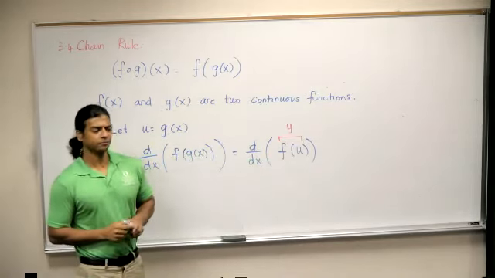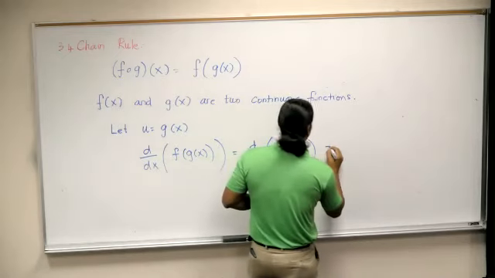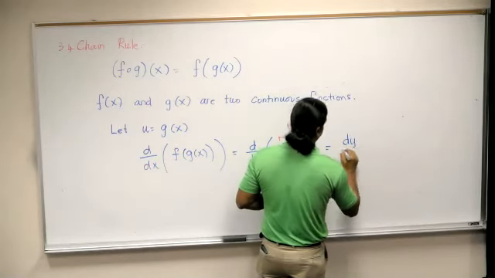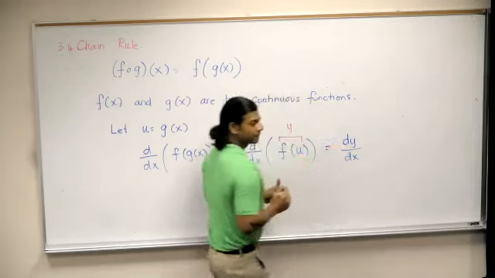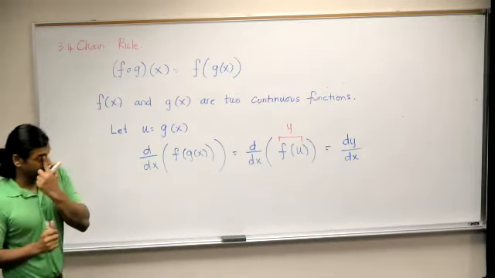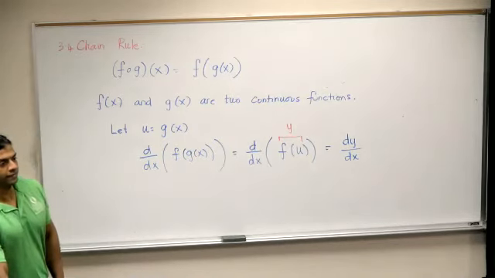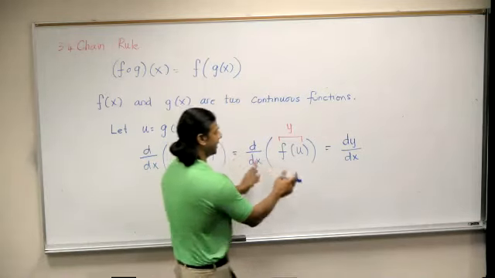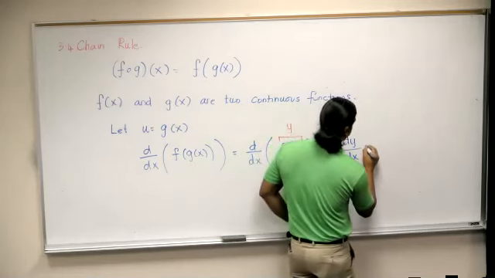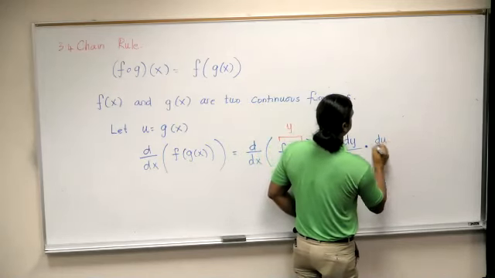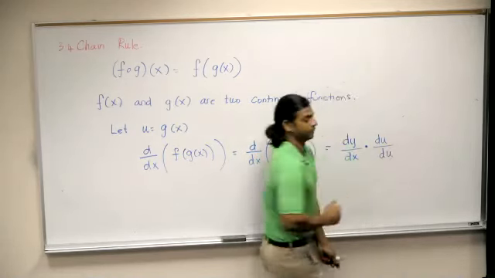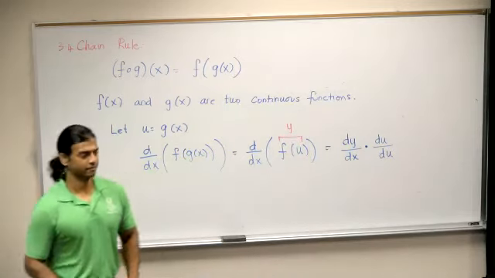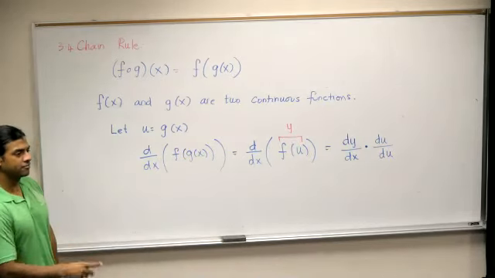If I call that y, that would simply be dy over dx. Agreed? So, just to make things easier, I'm going to multiply and divide by du. Did I do anything wrong?